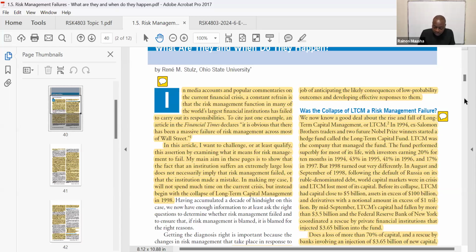LTCM was the company that managed the fund. The fund performed superbly for most of its life, with investors earning 20% for 10 months in 1994, 43% in 1995, 41% in 1996, and 17% in 1997.